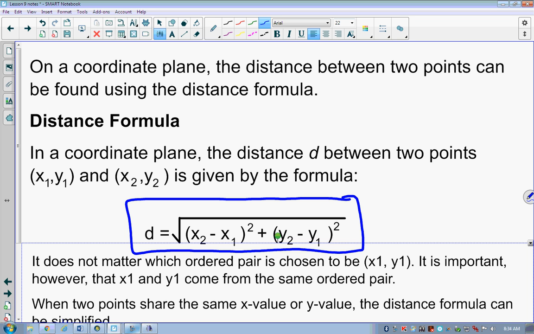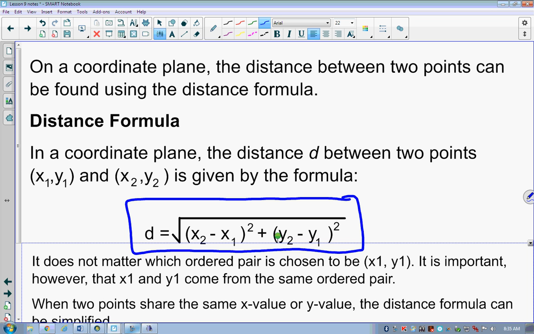It's the same concept that we talked about earlier in the school year when I asked, how far is it from Milan to Kirksville? And I would get the same answer if I asked how far is it from Kirksville to Milan. It doesn't matter which one comes first, does it? Is the distance still the same? Yeah, the distance is still the same.